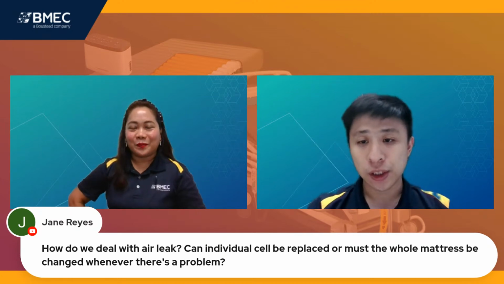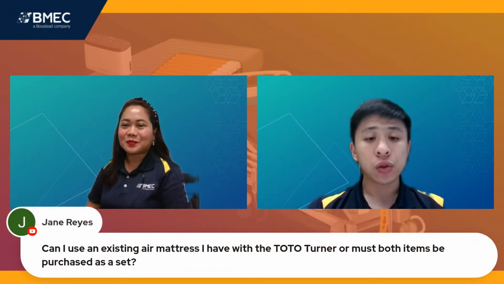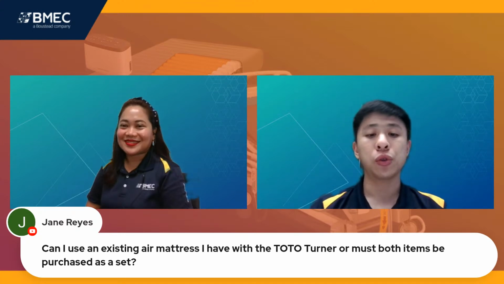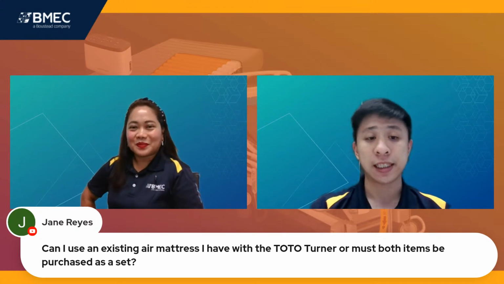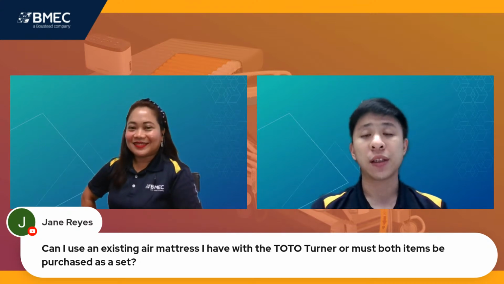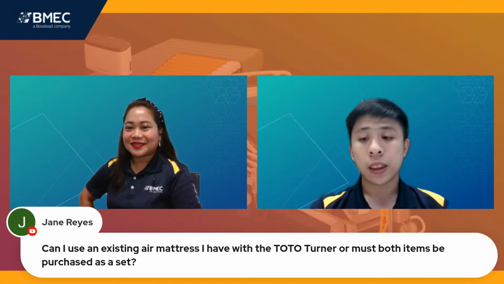Another question that I saw is: can I use an existing air mattress I have with the Toto turner, or must both items be purchased as a set? Yes, the Toto turner can be used together with an existing air mattress. It can also be purchased as a set. It works well with other foam mattresses and other usual normal mattresses as well.